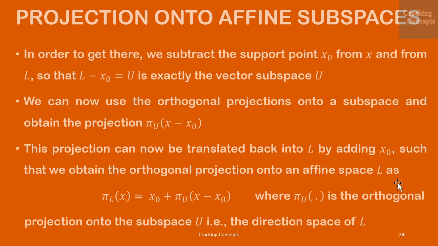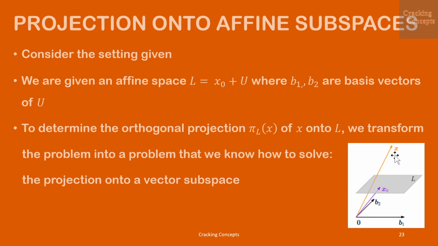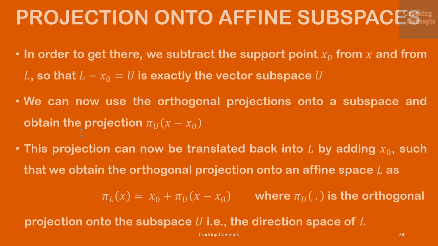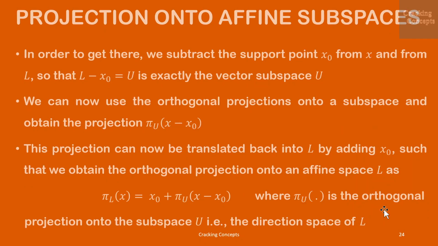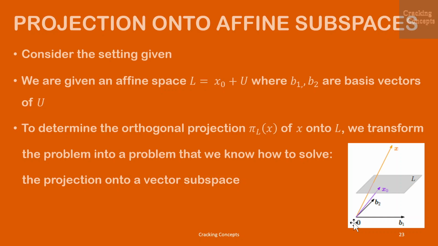In order to get there, we'll subtract the support point x0 from x and from L, so that L minus x0 will be equal to U, and that is exactly the vector subspace U. We can now use the orthogonal projection onto a subspace we discussed before and obtain the projection pi U of x minus x0.